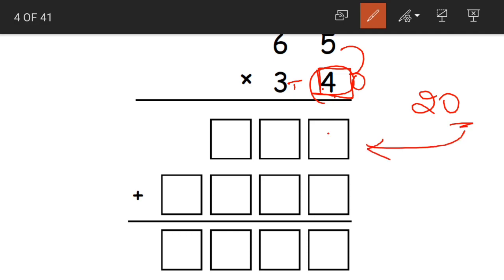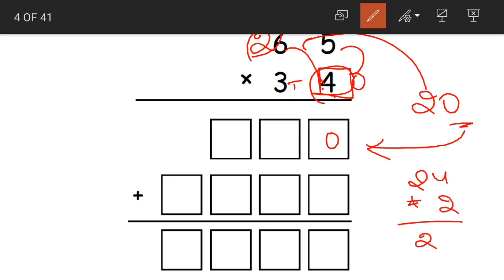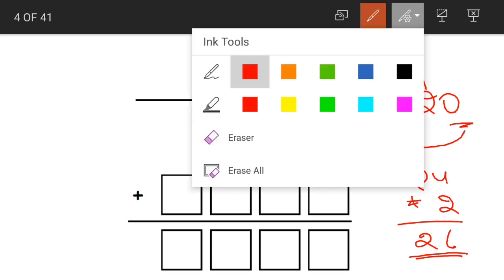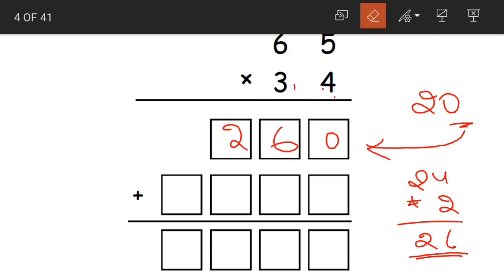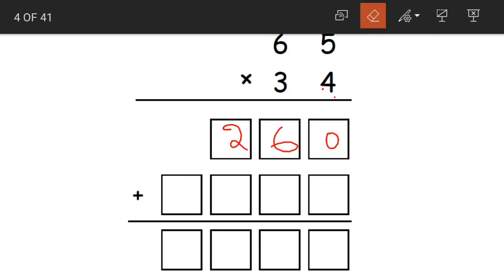Now 0 is to be written here, 2 is to be carried on to the next number. 4 6s are 24, plus what do we have? We have 2 carried. 24 plus 2 becomes 26. So we are writing 26 here. This is the first step wherein we multiplied 65 with 4.